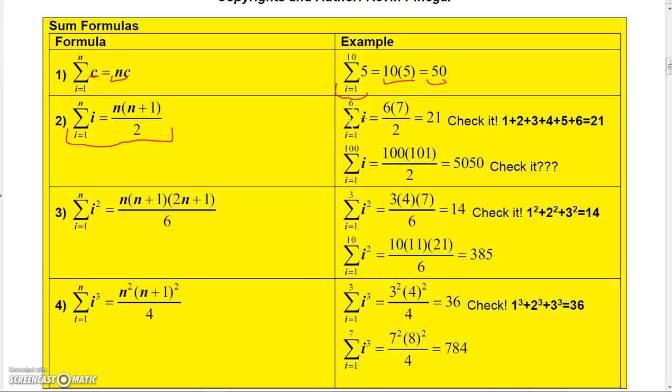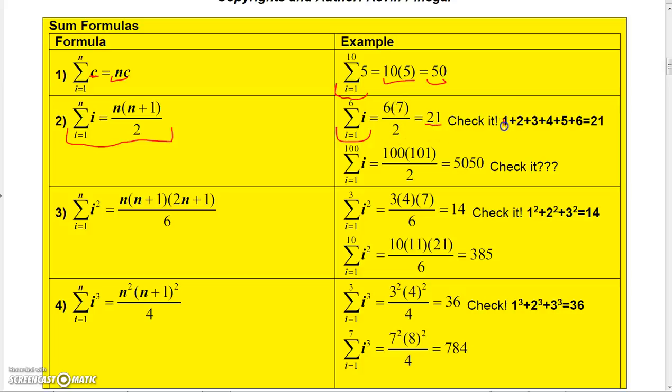So for instance, if you wanted to add the first 6 counting numbers, then that formula is n times n plus 1 over 2, where n is the upper limit. So if I say, what's the sum of i from i equals 1 to 6? Well, n would be 6, n plus 1 would be 7, so I would just take 6 times 7 divided by 2 and get 21.